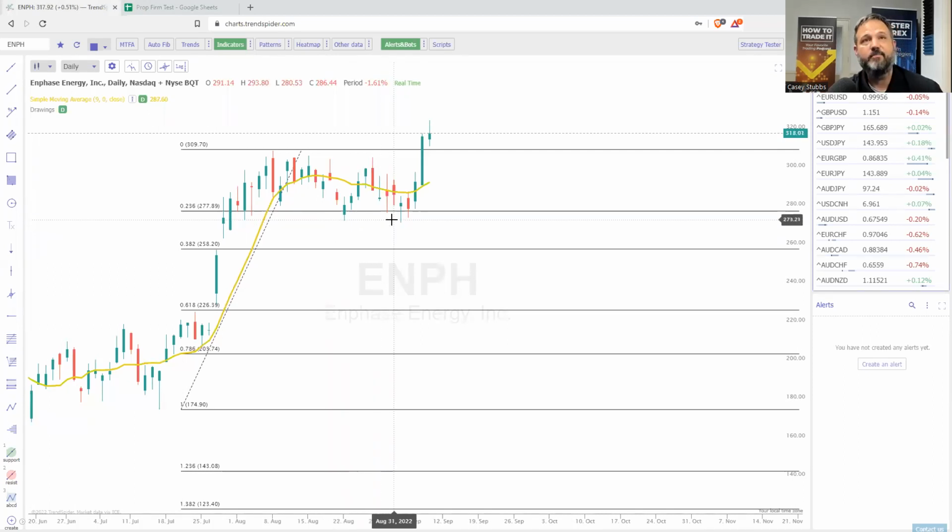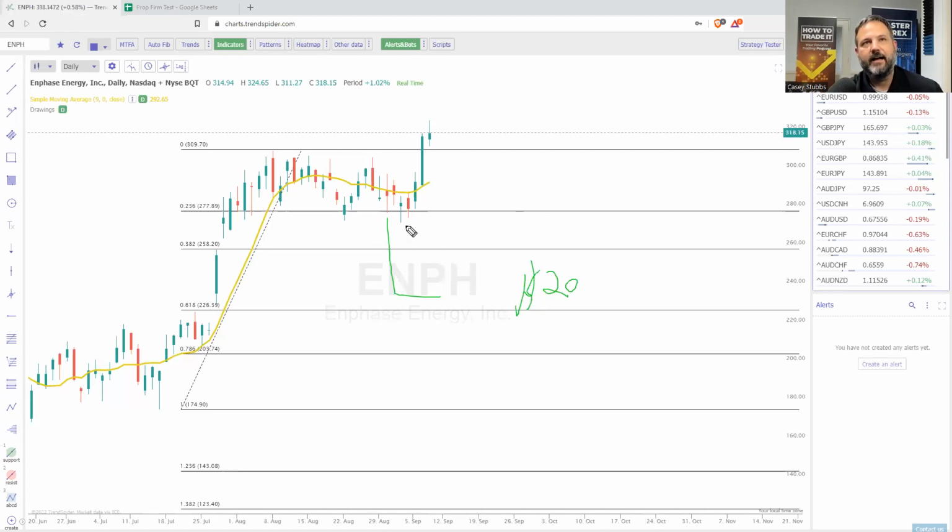I don't know. But the point is, if I would have got stopped out, my risk on this would have been 293, stop out at 272. That was about $20. But I would have taken the trade again. So let's just say for the sake of practice that I lost this trade. We'll put a big L. The stop loss was about $20, so it was a $20 per share loser.